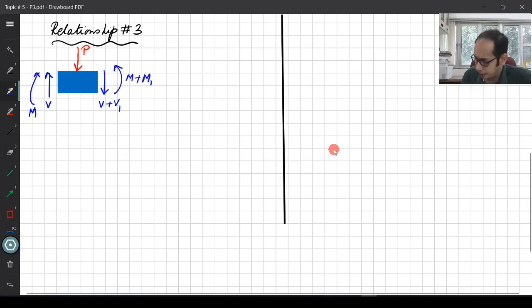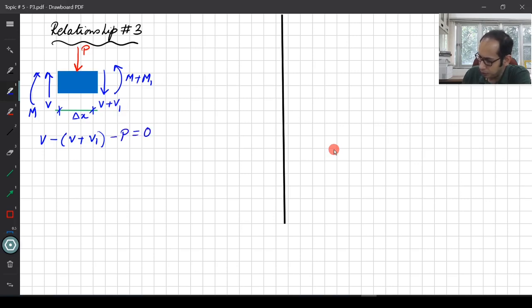The length of the element still stays the same, delta X. Now if I write the force equilibrium of just the vertical forces, what you will get is V minus (V plus V1) minus P is equal to 0, which tells you that V1 becomes equal to minus P.